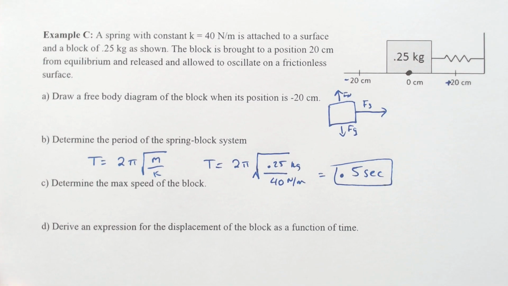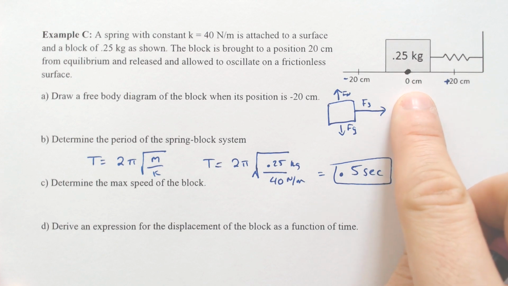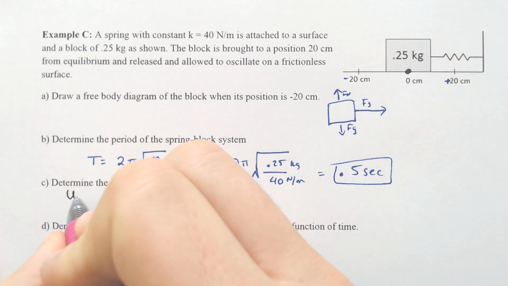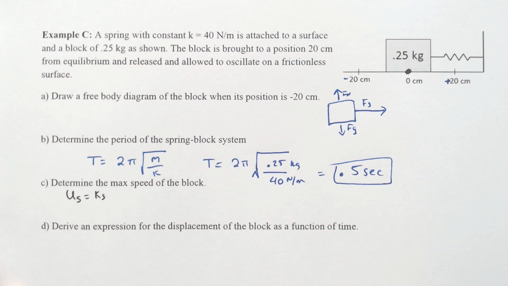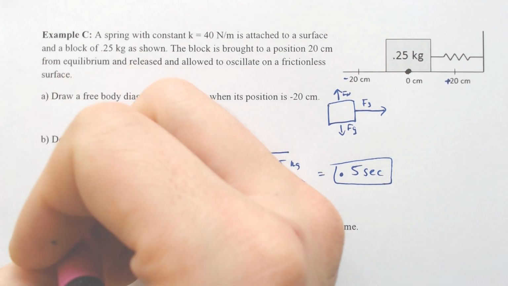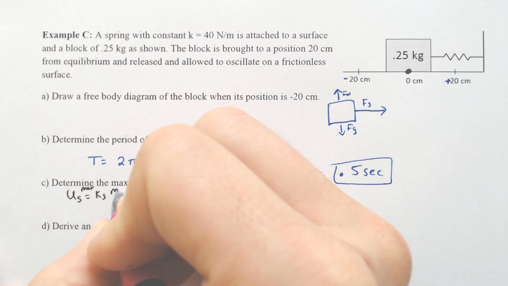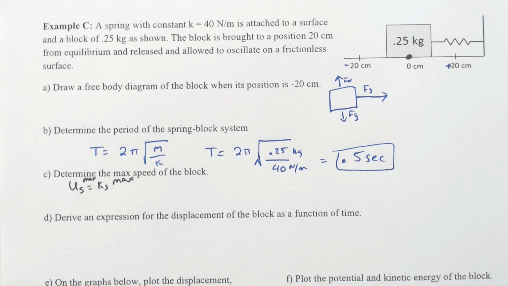With it being at equilibrium, the potential energy would be equal to 0. The kinetic energy would be as much as it possibly can. But more importantly, the U of the spring max will equal the K of the spring max. And they're going to oscillate back and forth.